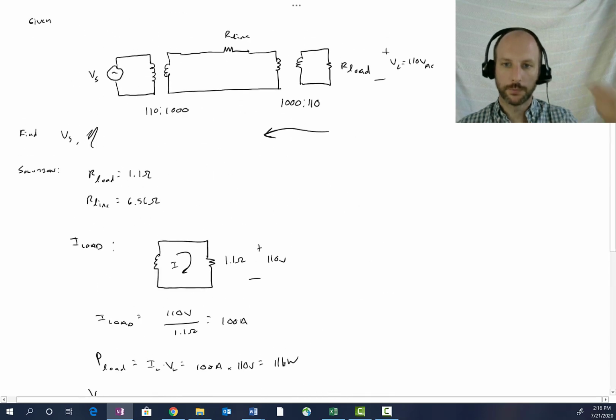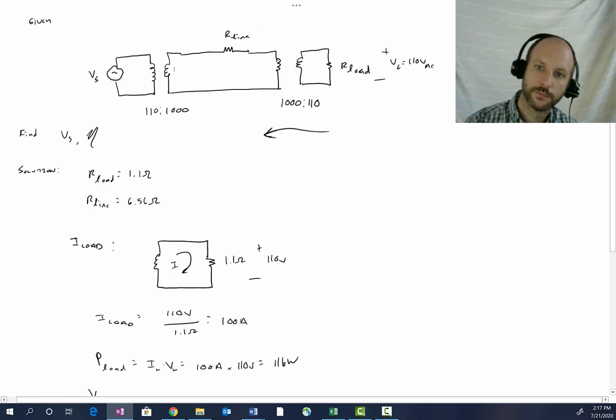Then we'll calculate the voltage drop through our line, and that'll tell us what the voltage at the terminals of T1 are. Okay, so let's do that next.